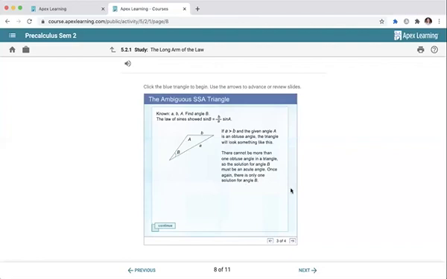So it would be the answer that's in quadrant 1, because it's got to be an angle that is less than 90 degrees. It's got to be the smaller acute angle.